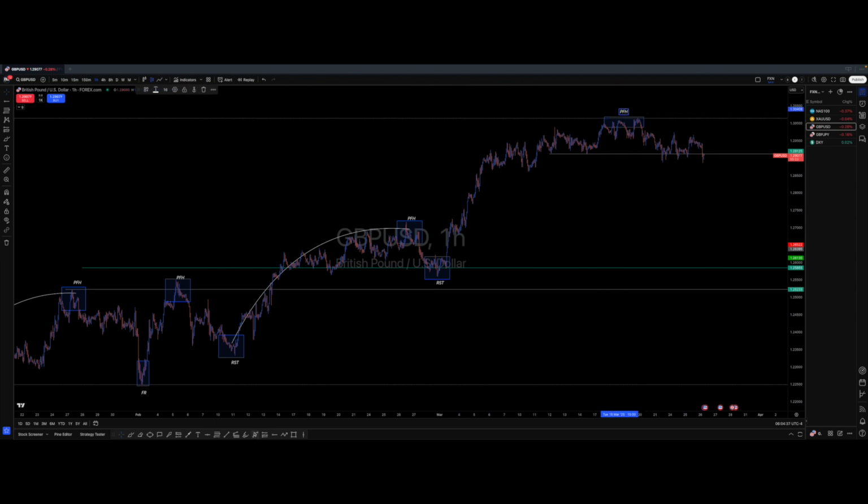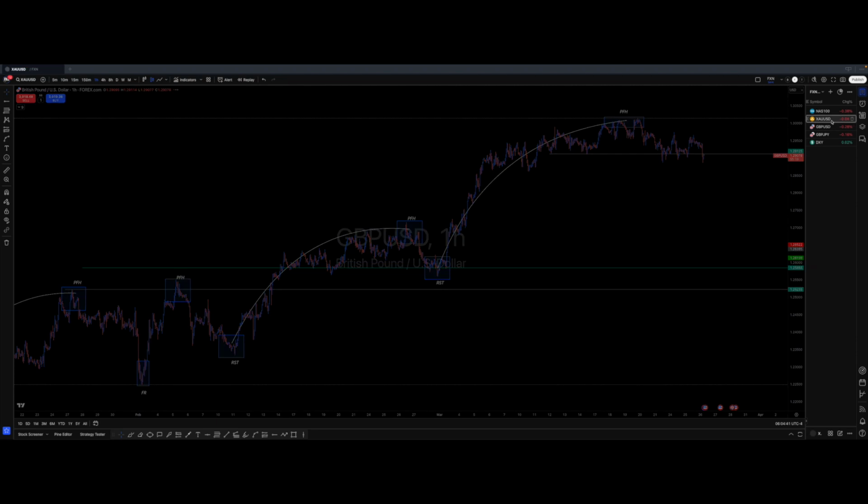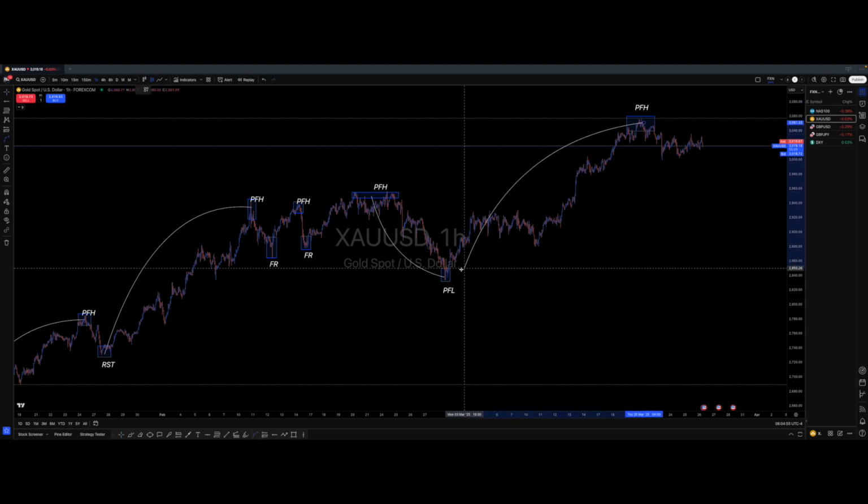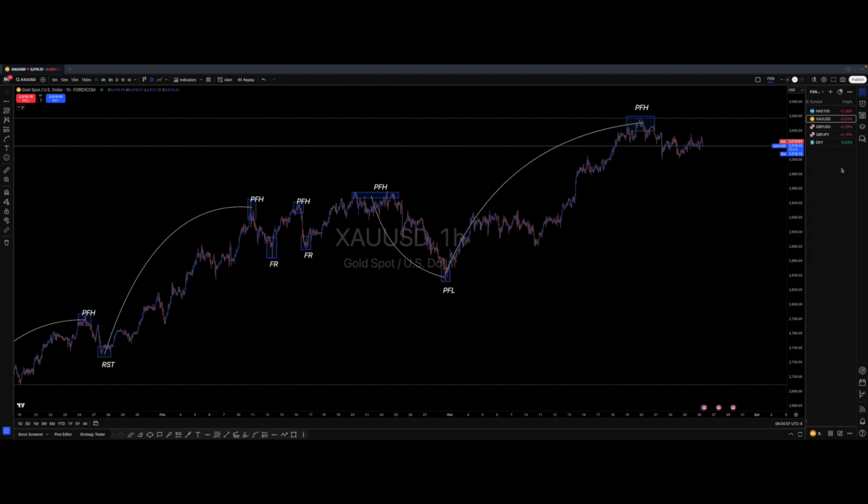All right, so we are looking for sells on pound USD. Gold, same thing. This is a new peak formation up here on gold, so we are looking for sells on gold as well. Temporary sells on gold.